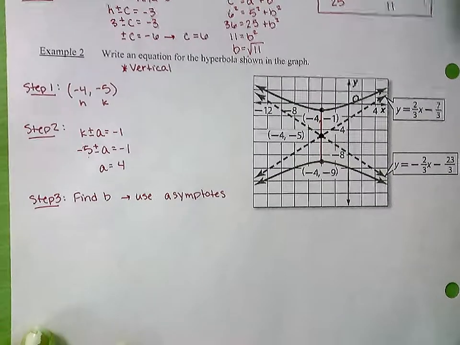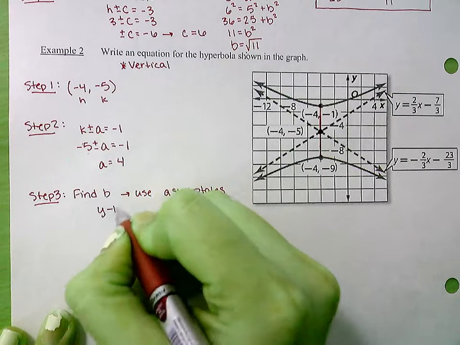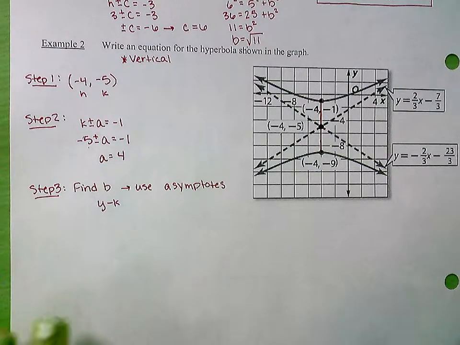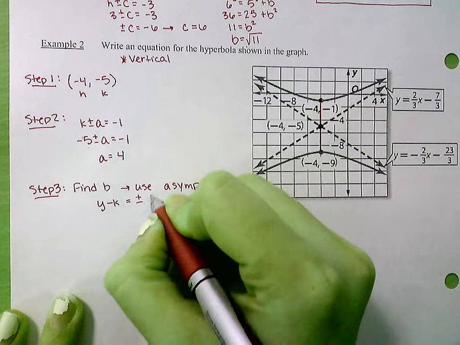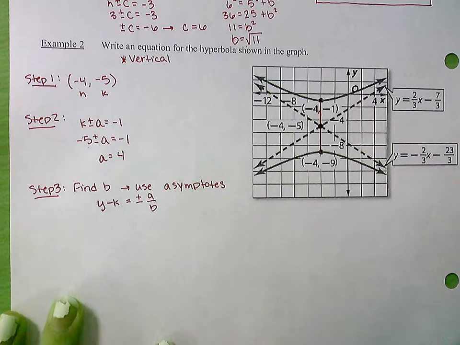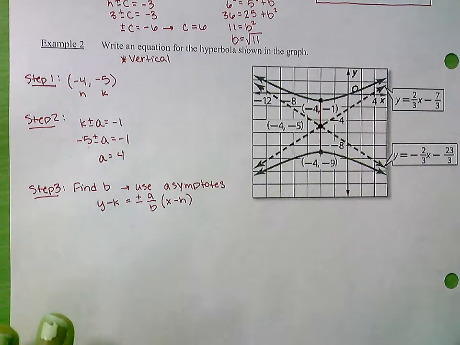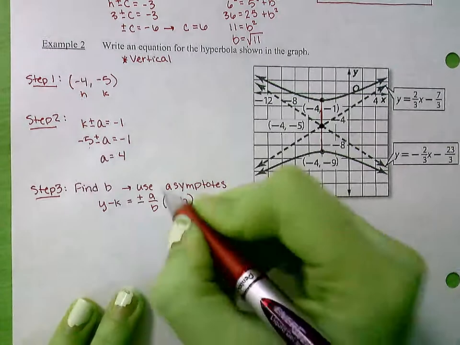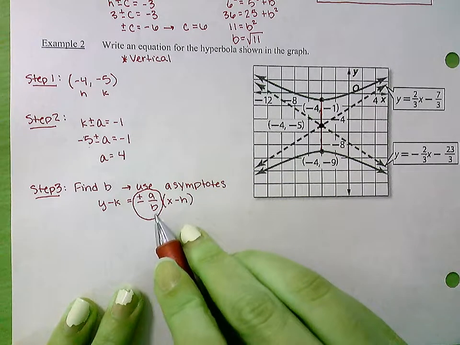The equation for your asymptote for vertical is y minus k is equal to plus or minus a over b times x minus h. So the part that I want to look at is this part right here, because that's where I see that b value.